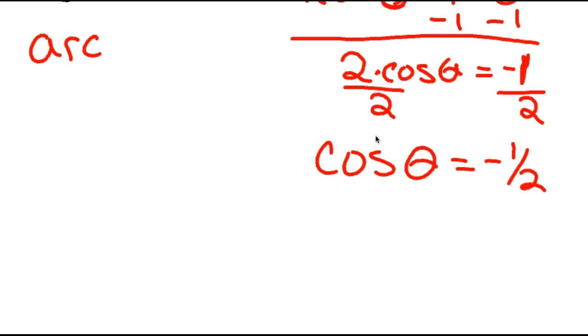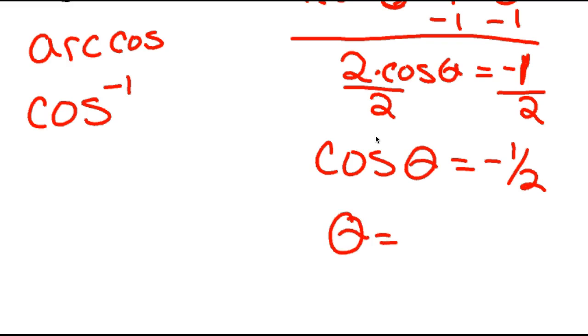And so it would look like this: arc cosine, or these are the same thing, cosine to the -1. Both of those are inverses of the cosine operation. So this could be rewritten as theta equals arc cosine of -1/2.